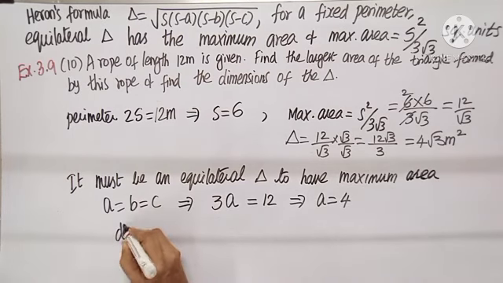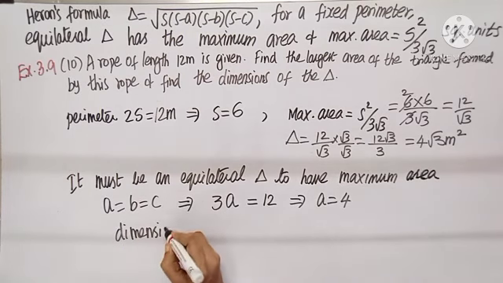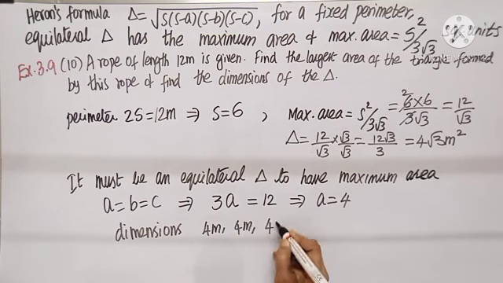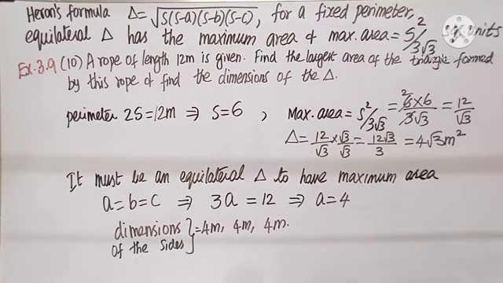So the dimensions are each side to be 4 meters. So the dimensions of the sides, we have 4 meters each. And hence the problem.